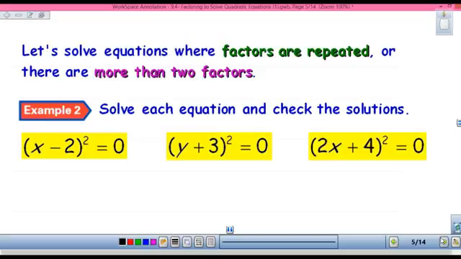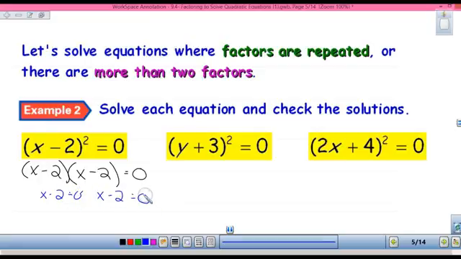What does this mean? X minus 2 squared means we rewrite this as x minus 2 times x minus 2. It's two of these. We don't change it, because when it's squared, it's the exact same thing. When I have x minus 2 equals 0 and x minus 2 equals 0, am I going to get two of the same answers?